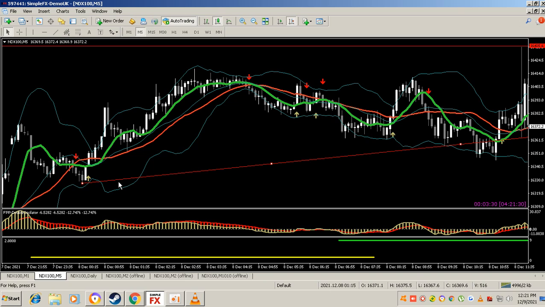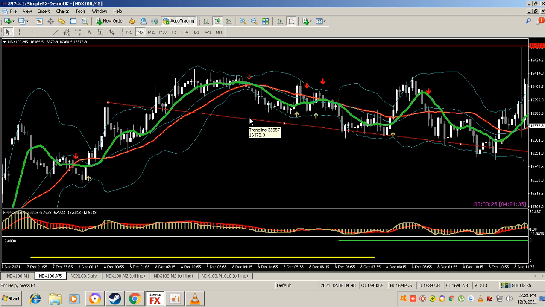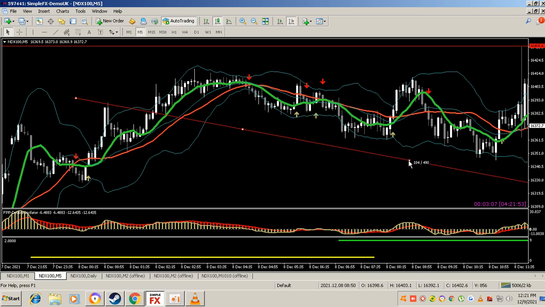Okay, and now it's the same thing for the high of the day, the previous day. So first point, then you just need to connect it to the next swing point. So for example, here.